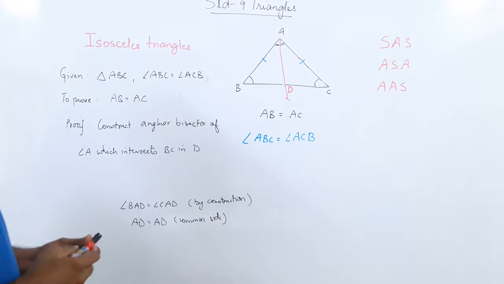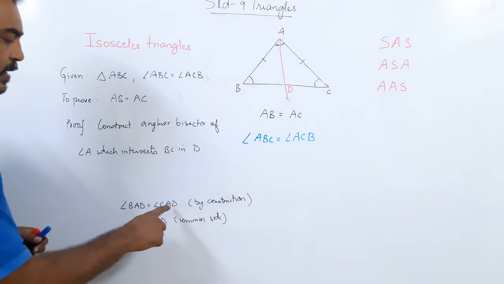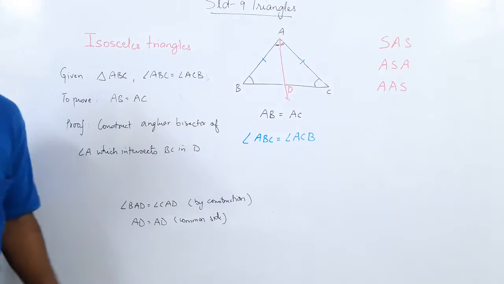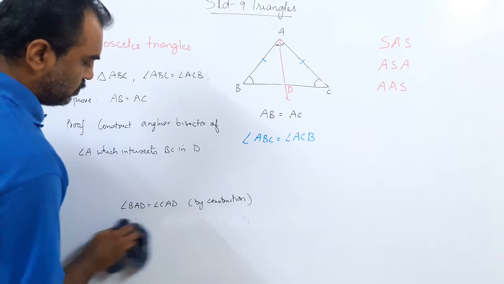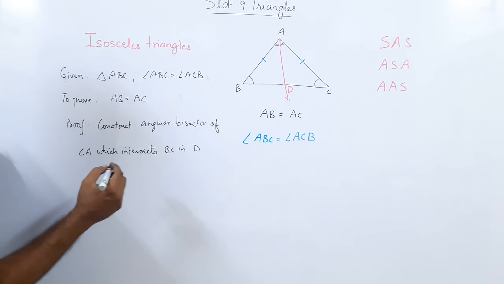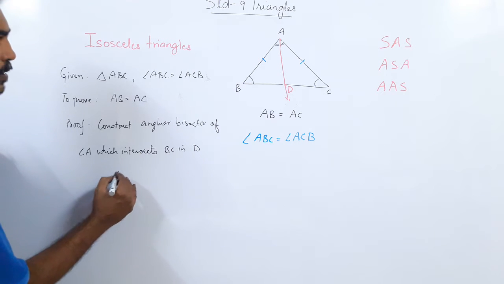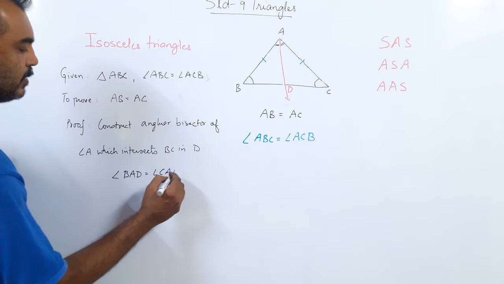The point D on BC. But this time what have we got? Angle BAD equals angle CAD by construction. So first I will write angle BAD equals angle CAD.